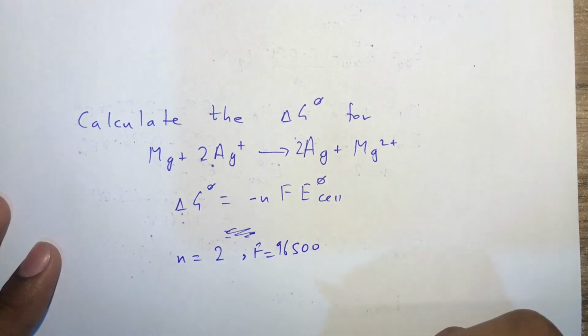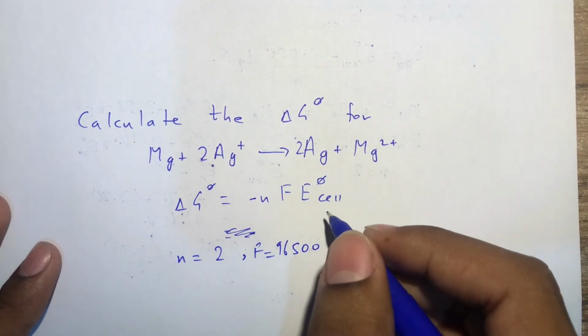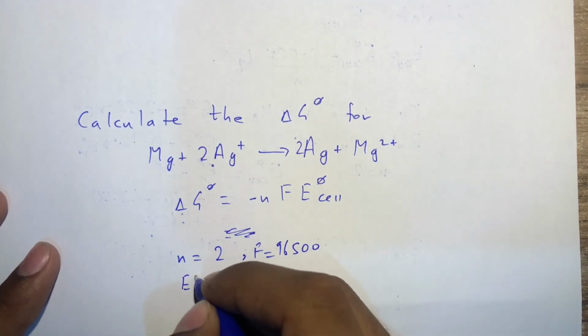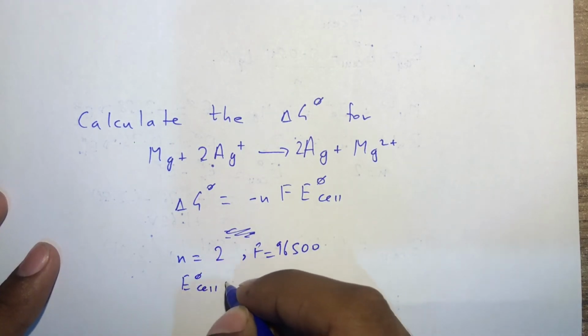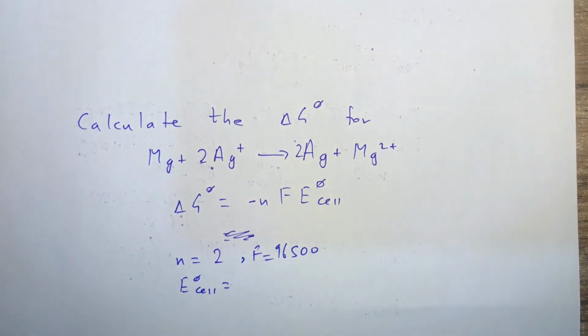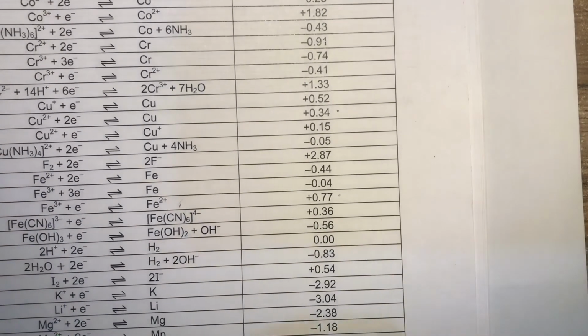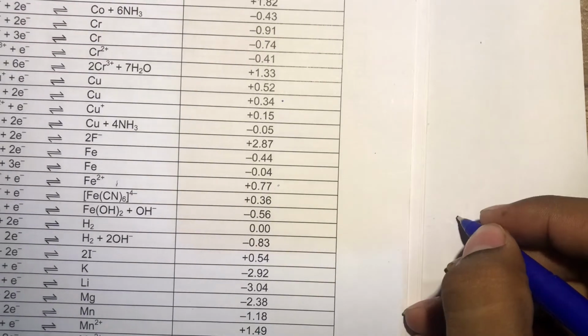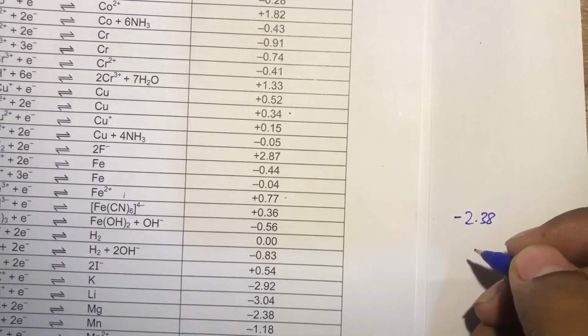96,500, and E naught cell we'll have to find. So for E naught cell, I'll get the data booklet. So it's magnesium and silver. The value for magnesium is minus 2.38, and for silver it's plus 0.8.